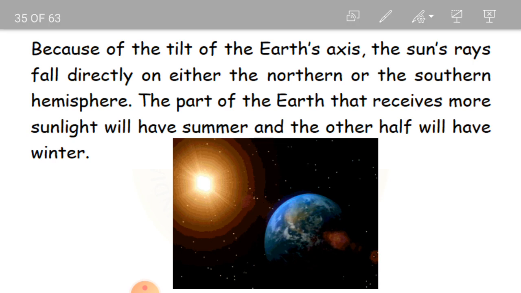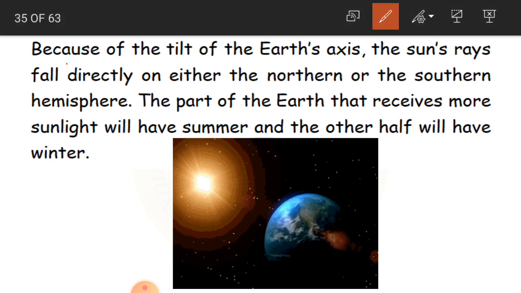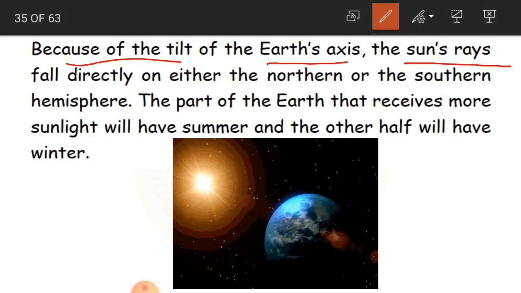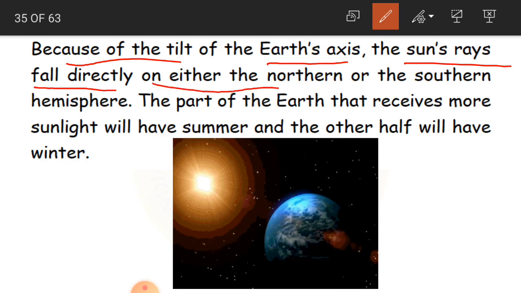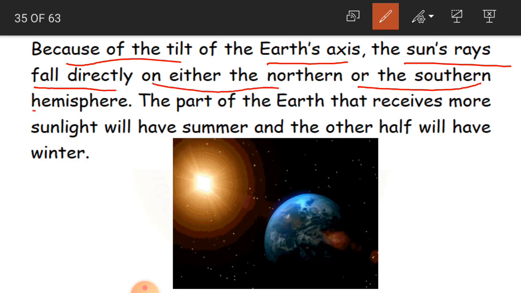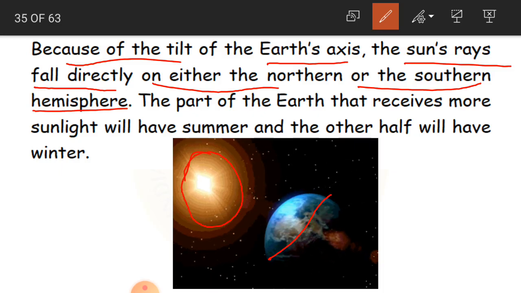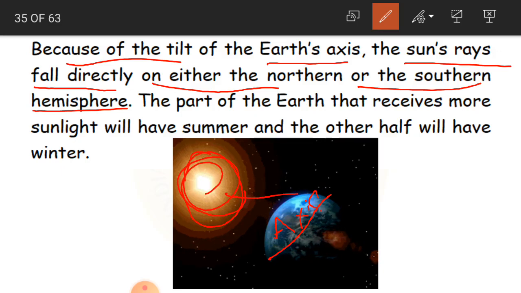And because of the tilt of the earth's axis, the sun rays directly fall on either the northern or the southern hemisphere. So what happens? Because of the tilt of the earth's axis, children, this is the earth's axis, the sun rays here are going to fall directly on either the northern or the southern hemisphere.